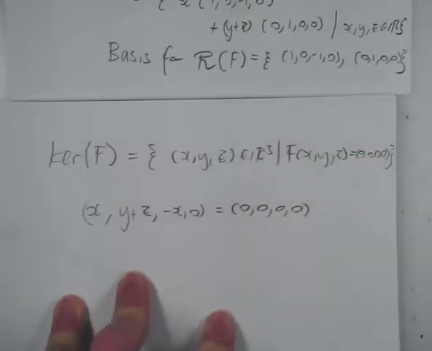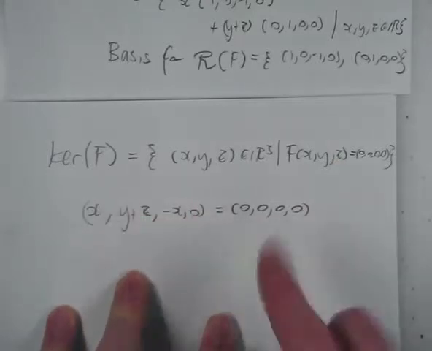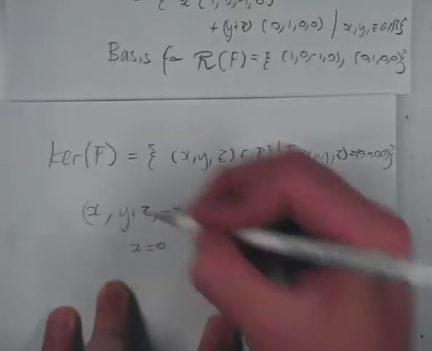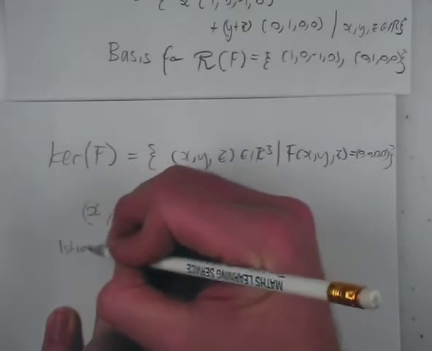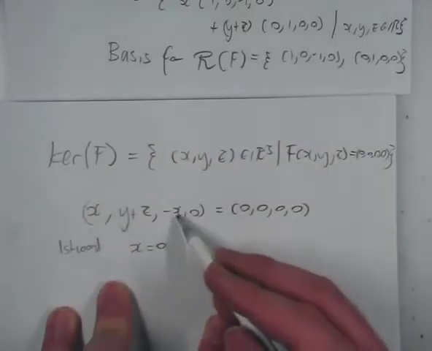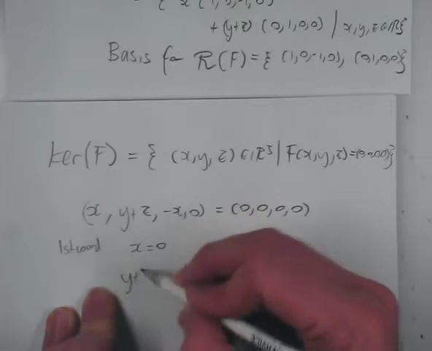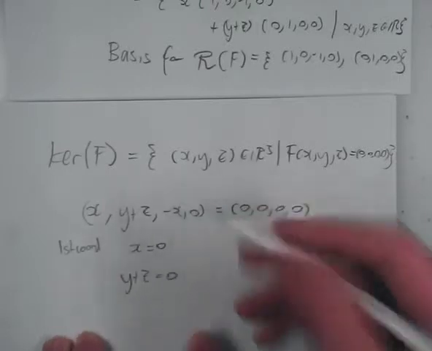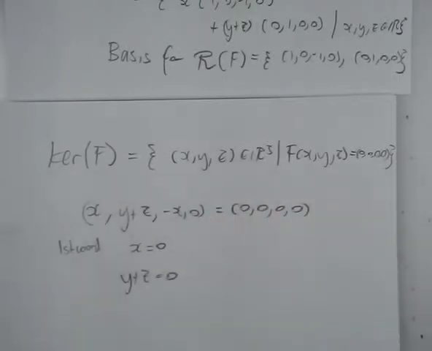Like that. We want to solve which of these answers comes out to 0. And we can just go, well, x has to be 0 from the first coordinate, and from the third coordinate as well, and y plus z has to be 0. We just want to solve those equations that come up.